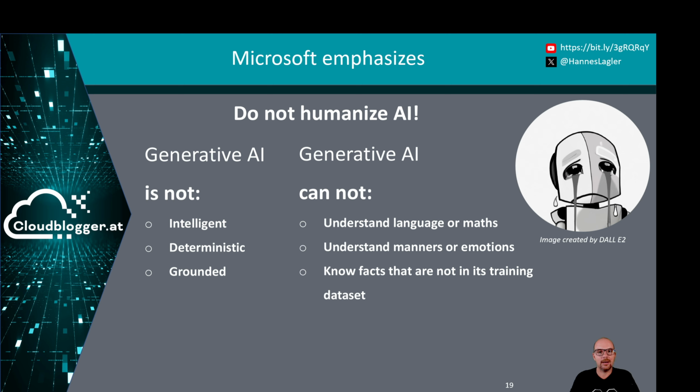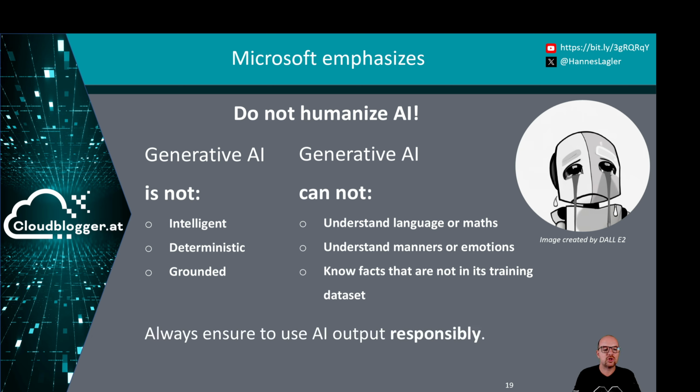Copilot or generative AI does not automatically expand the data set it was trained on. So you have to retrain it. And always ensure the artificial intelligence output is responsible.